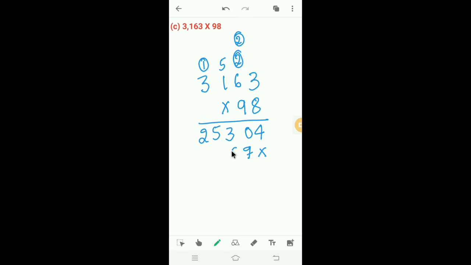So I will write 6 here and 5 carry. 9 ones are 9. 9 plus 5 is 14. So I will write 4 here and 1 carry. 9 threes are 27. 27 plus 1 is 28.